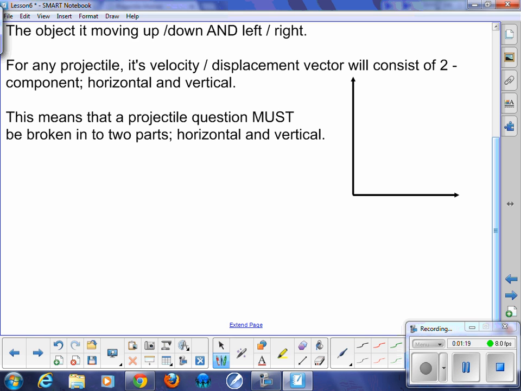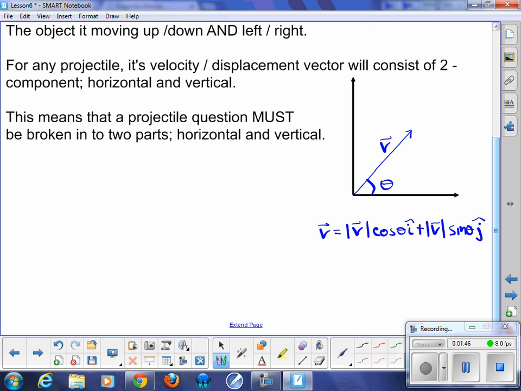If you have, for example, a launch vector, a velocity vector v, then it will be broken into our two components. We remember from adding and subtracting vectors that we can algebraically represent a vector by using the formula magnitude of v cos theta i plus magnitude of v sine theta j.